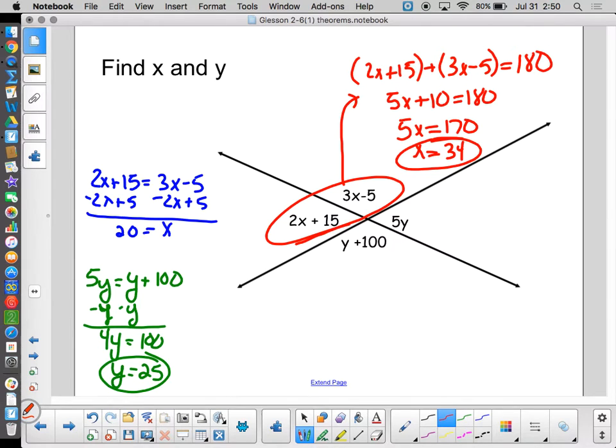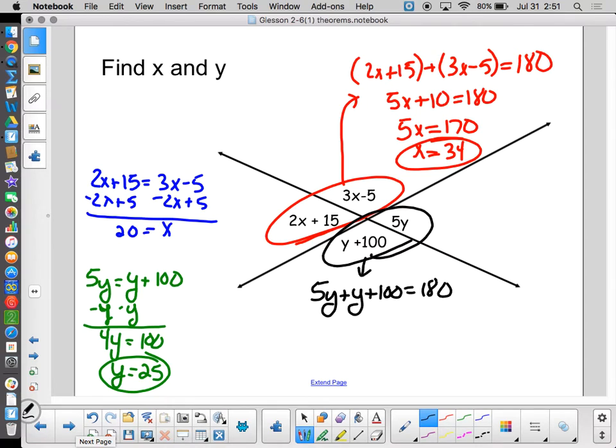And do the same thing with the y's. Here my y equation would be 5y plus y plus 100 equals 180. So 6y plus 100 equals 180.